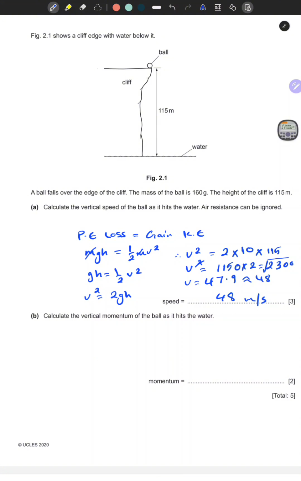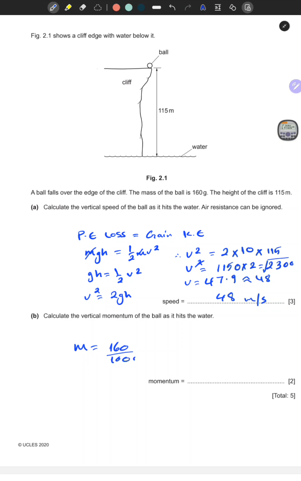So here, momentum is equal to the mass, which is 160 grams. I'm not going to deal with grams here. I will change it to kilograms, which is the SI unit, so I will divide it by 1000.